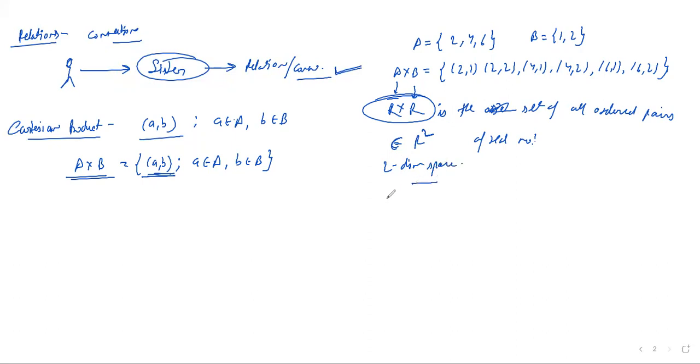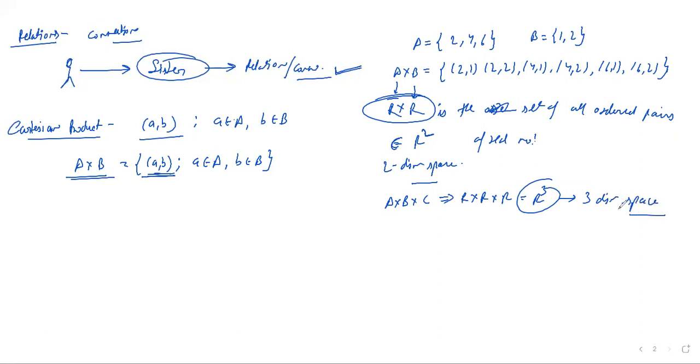Similarly, if I take the Cartesian product of three sets A cross B cross C from the real numbers, the space is R cross R cross R, which is R cube. This is the three-dimensional Euclidean space.